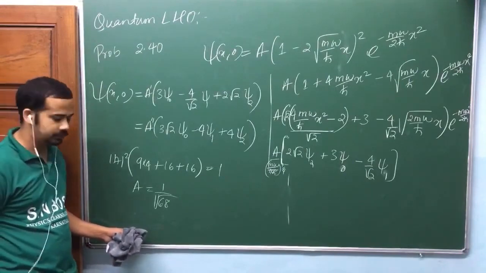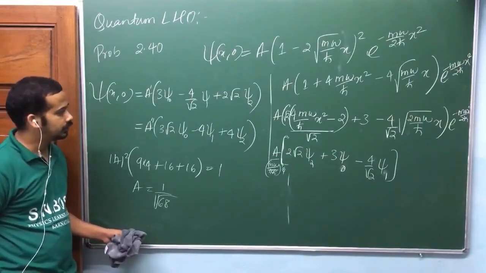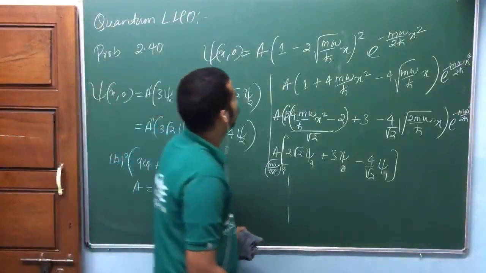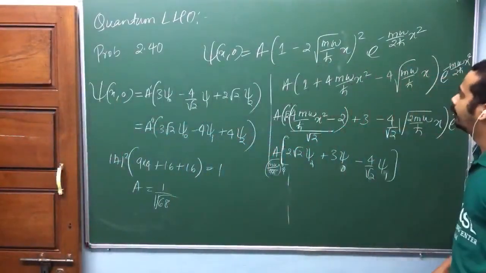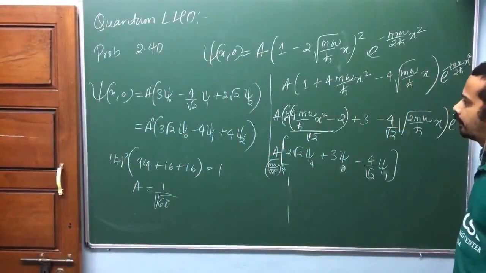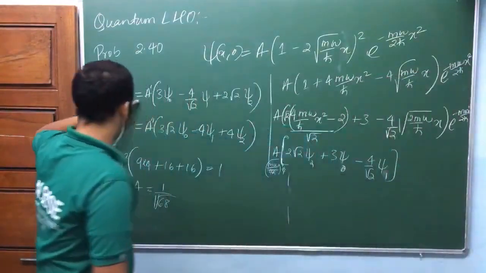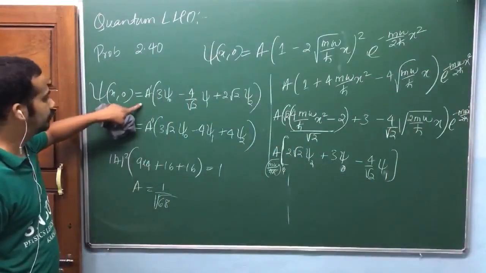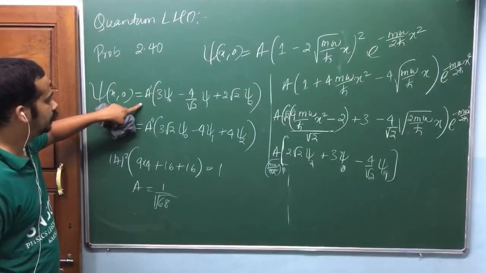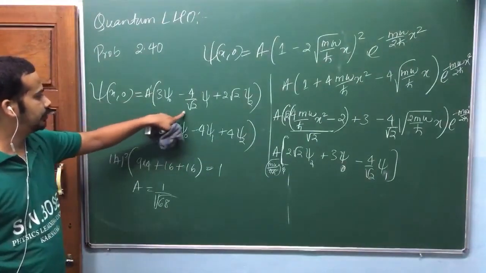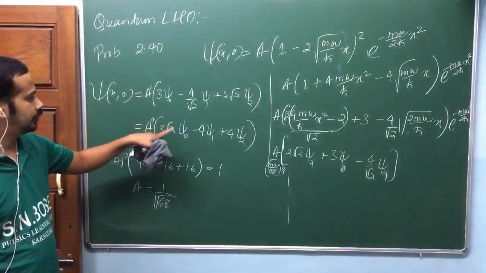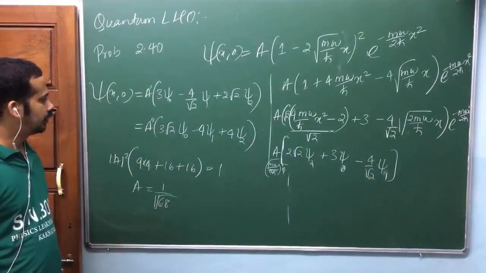In the first step, you could rationalize here on the left side. In the first step, you could rationalize this second term, the psi 1 term.